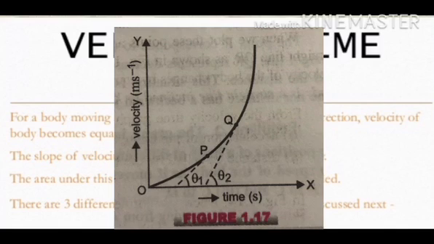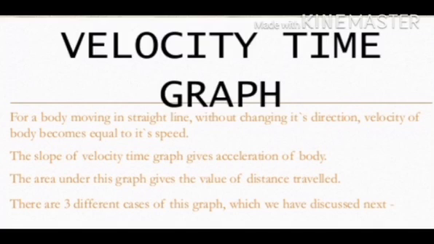Therefore, the acceleration of the body at point P is less than the acceleration of the body at Q. These are the three cases that arise in the velocity time graph. Now I think you will understand, and if not, then discuss in the class.